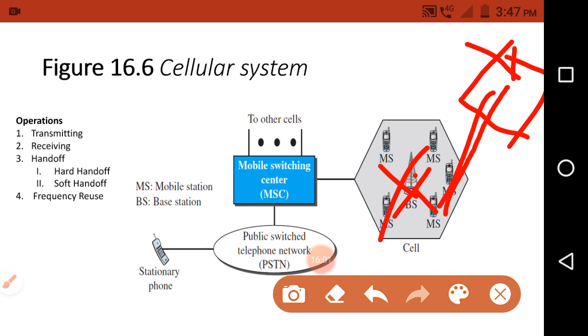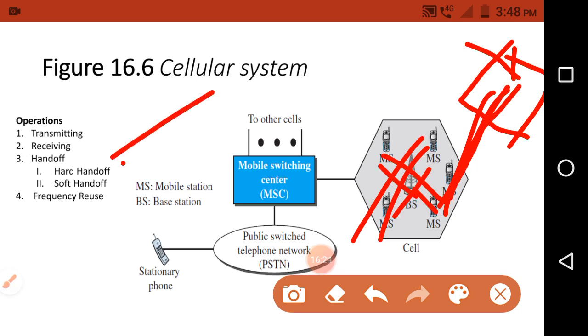Because it can only communicate with one base station at a time, it must terminate the communication with the previous base station, and only then is it able to connect with the base station present in the other cell. That is what we call a hard handoff.